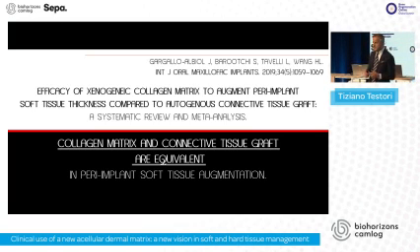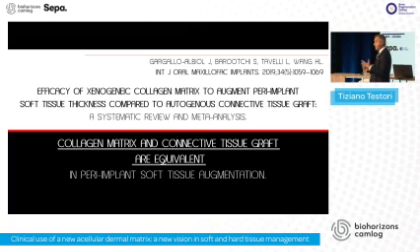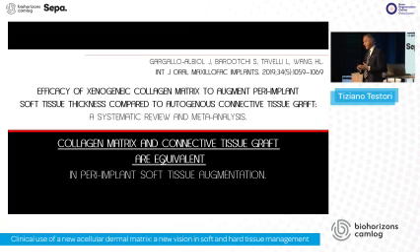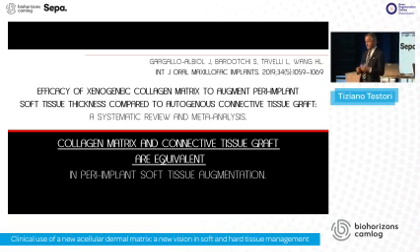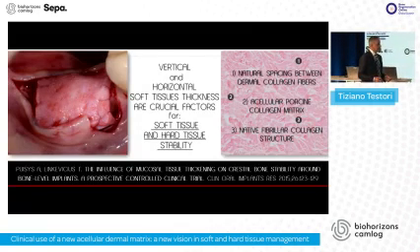Are these matrices equivalent to connective tissue graft in terms of stability and predictability? I can say yes, if they stay covered. This is another important issue that we will see during my presentation.